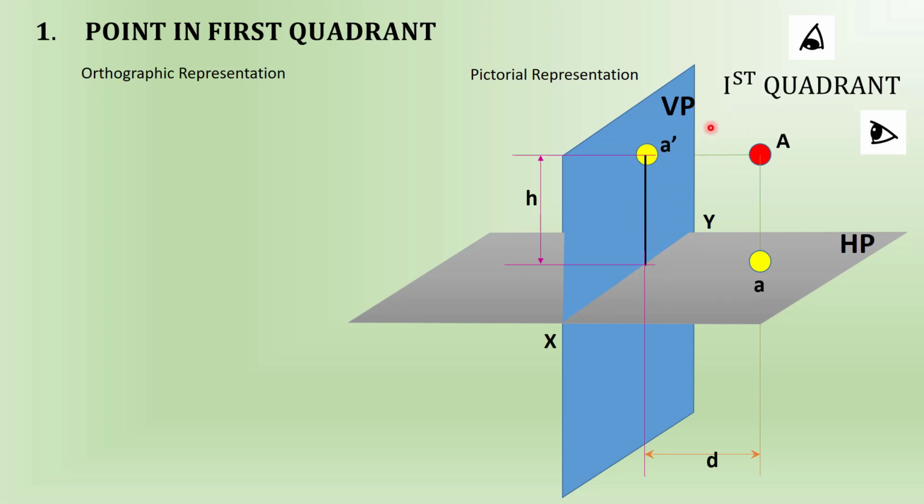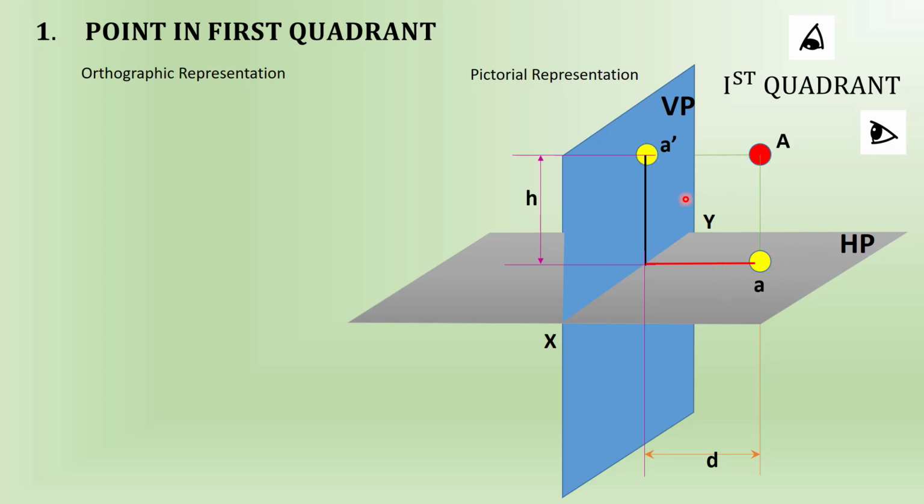Similarly, when you project the horizontal projector, you will get the image on the horizontal plane. This red line shows the image of the horizontal projector, which is the distance of the original point from the vertical plane. So you will get that distance on the horizontal plane.